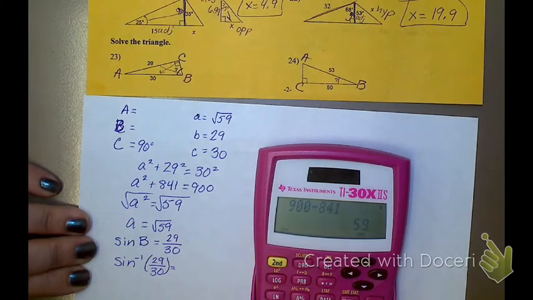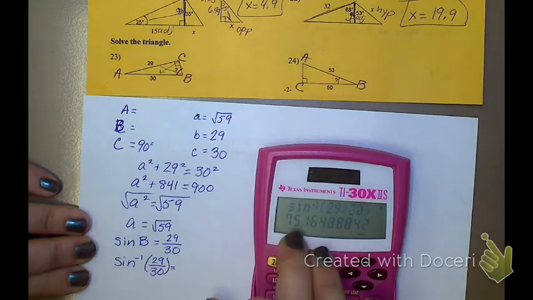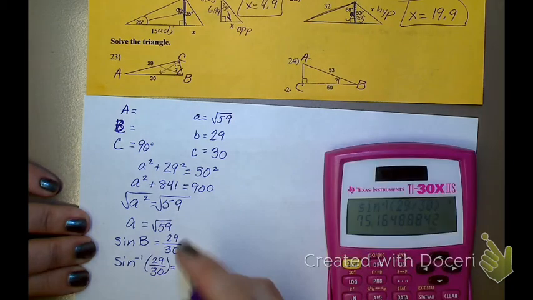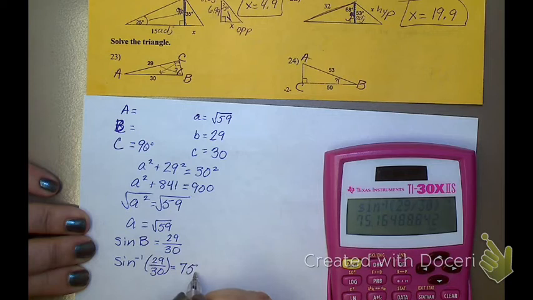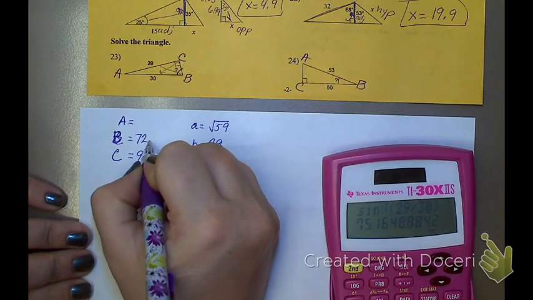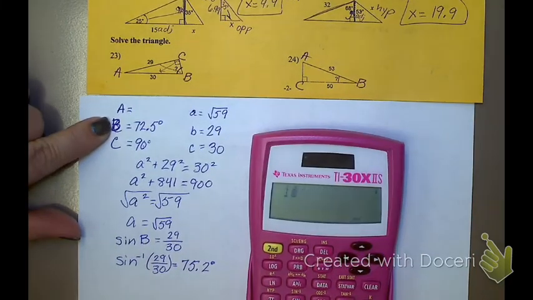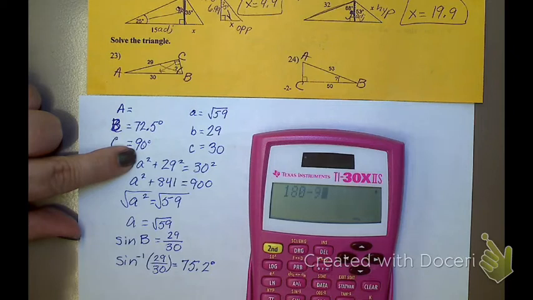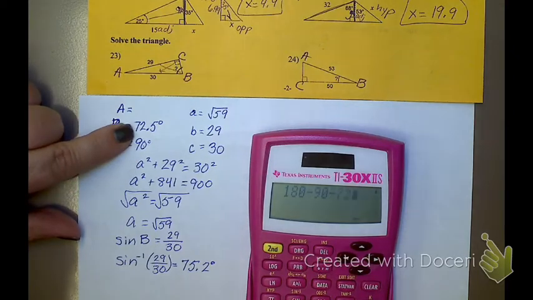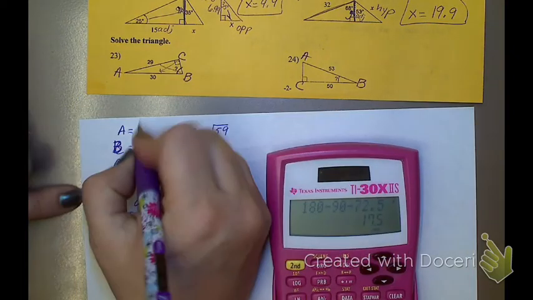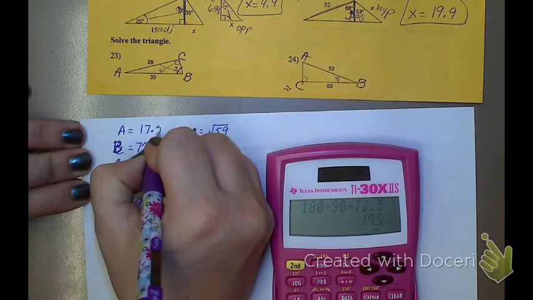So second sine of 29 over 30. And that gives me 75.2 degrees. That's my B value. And I should be able to find the third one very easily, just 180 minus 90 minus 75.2, and that third angle is 17.5 degrees.